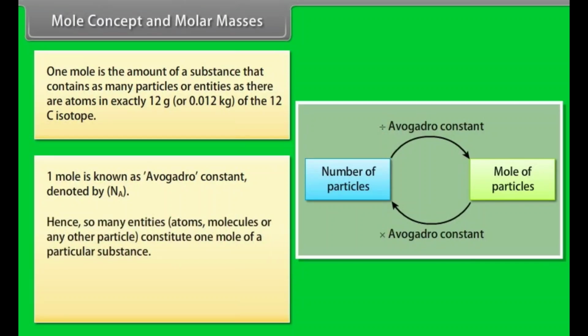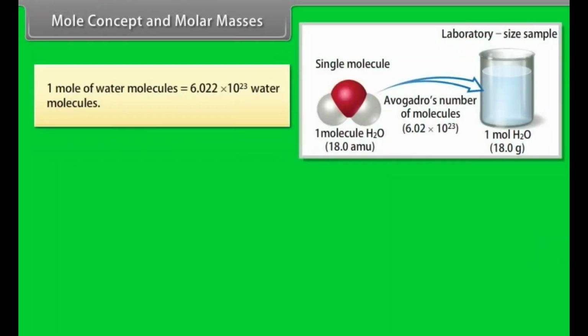Hence, so many entities, atoms, molecules, or any other particle constitute 1 mole of a particular substance. Or we can say that 1 mole of H atoms is equal to 6.022 × 10^23 atoms. 1 mole of water molecules is equal to 6.022 × 10^23 water molecules.